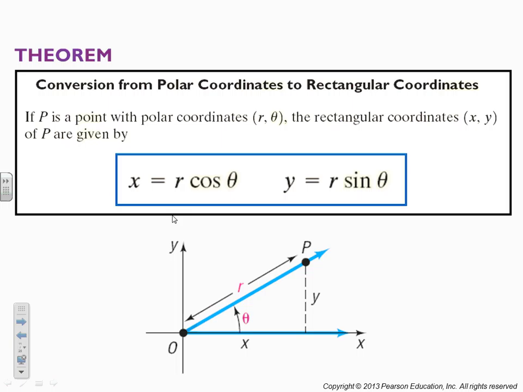We used those in the previous chapter, so we're just taking the same formulas and solving them for x and y. And remember, theta is the angle between the pole and the radius. The radius is the distance from the origin to the point. X is the distance horizontally, and y is the distance vertically to that point.